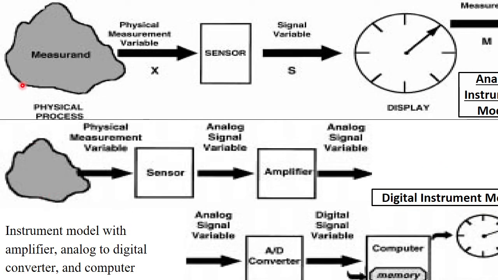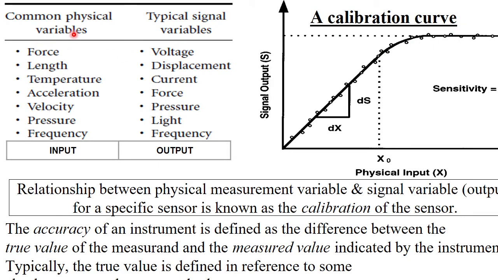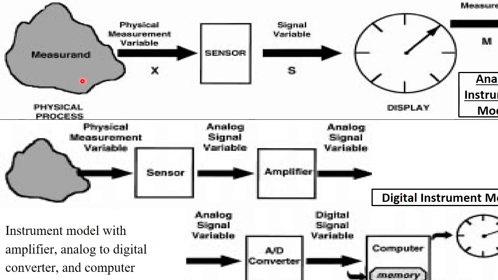Okay, so this is the model. There is a physical system, the measurement, from which we have a sensor which takes the physical measurable variable. These are the variables, inputs to the sensor. Then this is the transmitter part, signal variable. From sensor to the measurement unit, there is the transmission line, and this can be an analog device, usually not digital, usually a scale sort of thing.